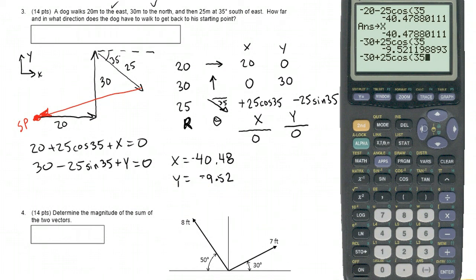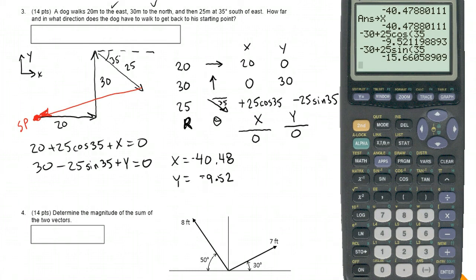We'll recall my previous calculation, delete that and replace it with sine. Okay, slow down. 25 sine 35. Minus 15.66.